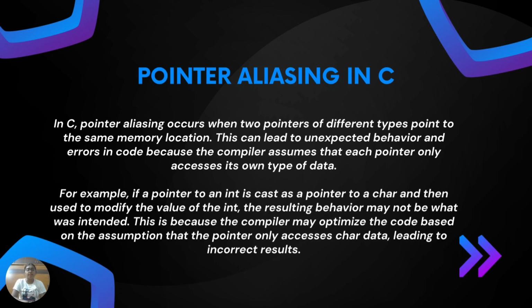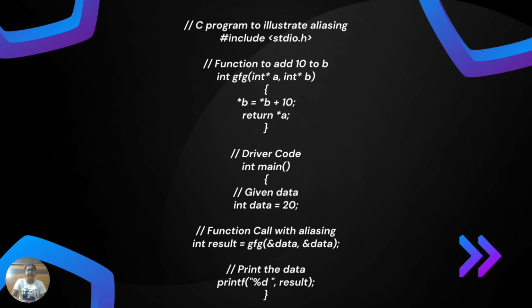For example, if a pointer to an int is cast as a pointer to a char and then used to modify the value of the int, then the resulting behavior may not be what was intended. This is because the compiler may optimize the code on the assumption that the pointer only accesses the char data, leading to incorrect results. This is an example of pointer aliasing in C.